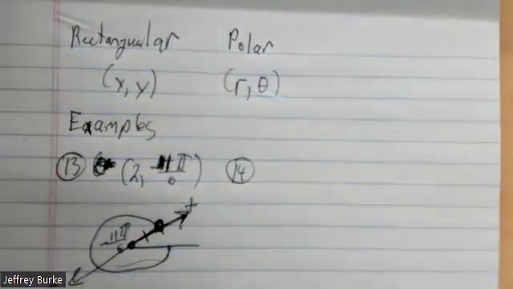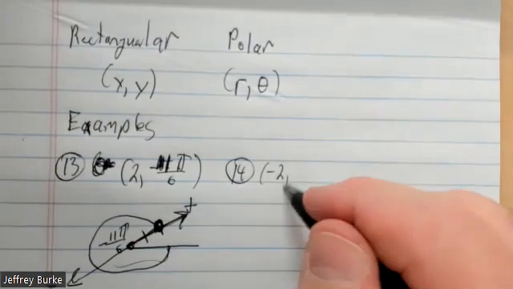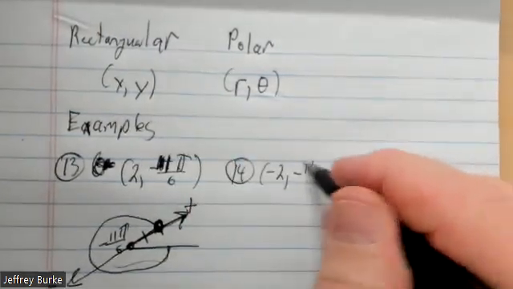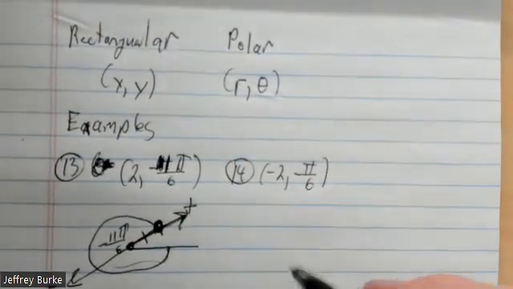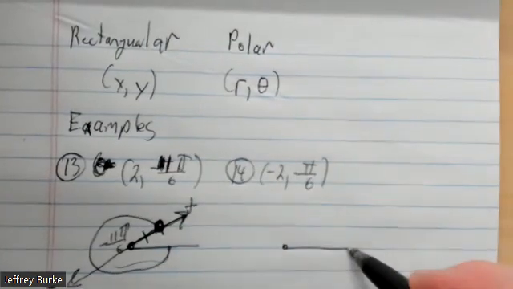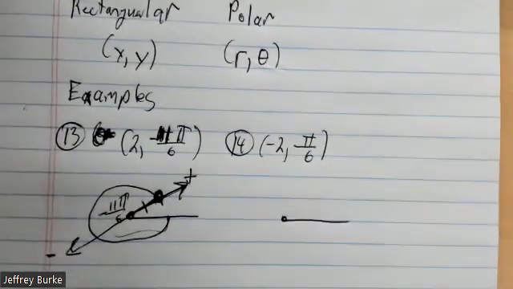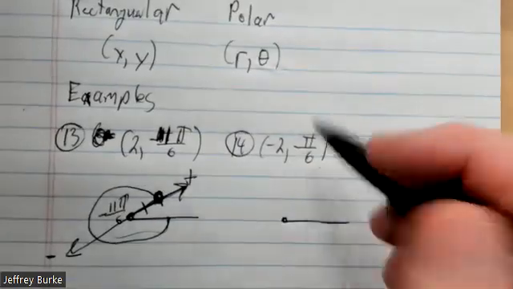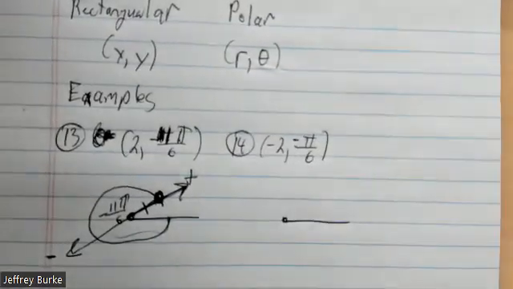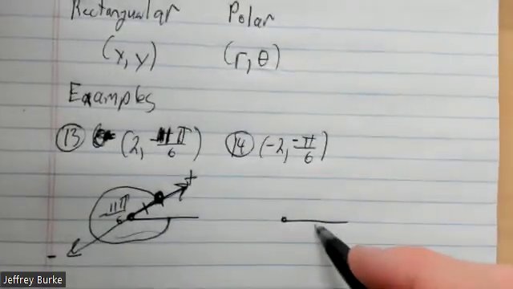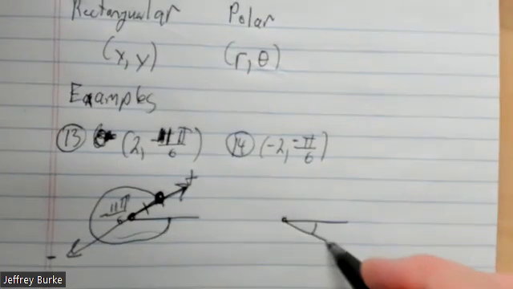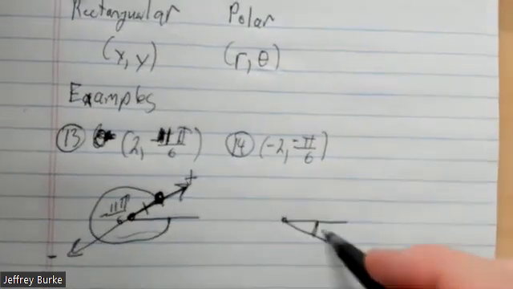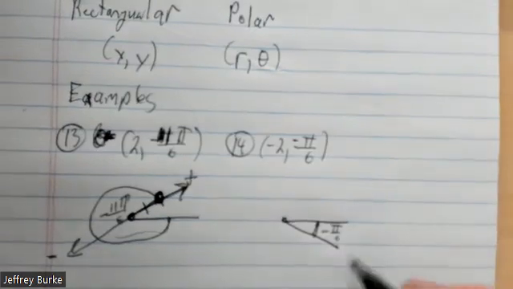14. My point here is -2, pi over 6. Again, I'm going to start with my 0-degree angle here, okay? And this is going to be -pi over 6. So from here, I'm going to go down to -pi over 6. So here's -pi over 6. That's the angle.